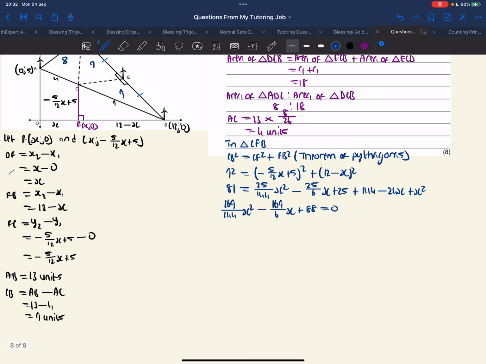All right, then now I'm going to just use the quadratic formula. Now the quadratic formula states that x equals minus b plus or minus the square root of b squared minus 4ac, divided by 2a.